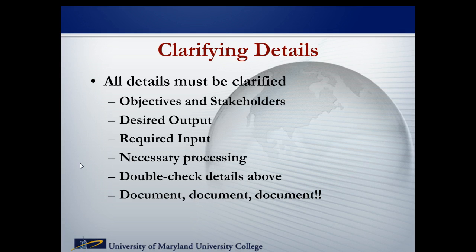So, in a software development life cycle like Agile, for instance, Agile pushes information out or pushes products out really quickly and then modifies those based on those evolving requirements. We need to make sure that we understand what the desired output is going to be, as well as the required input.